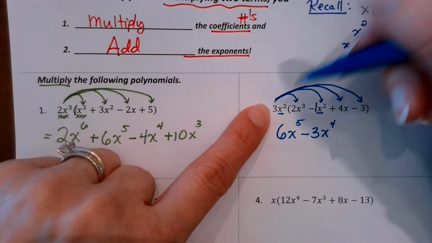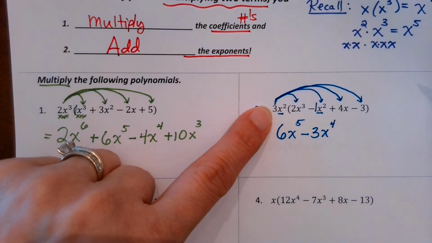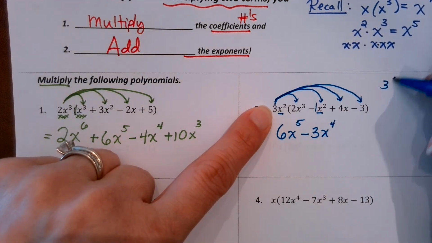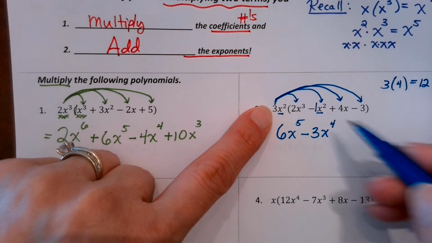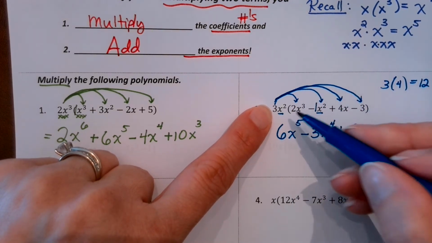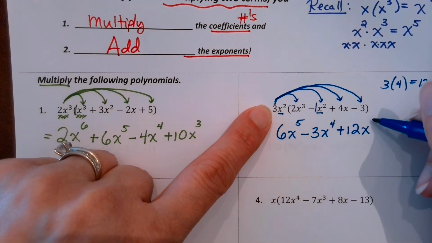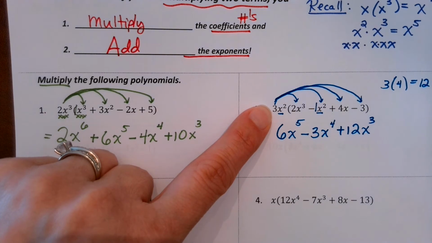Okay, third term. 3 times 4. Okay, why is it multiply? Well, if I saw 3 and I saw parentheses 4, when you have a number next to parentheses, that means multiply. That's why we're multiplying 3 times 4 to make 12. 2 x's there and another x there makes a total of x to the third.